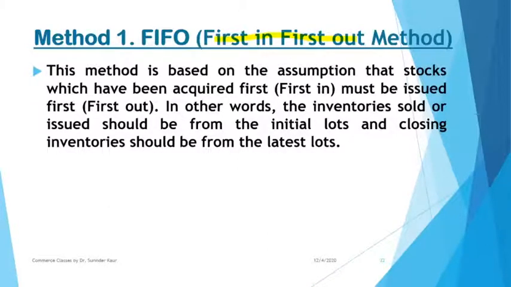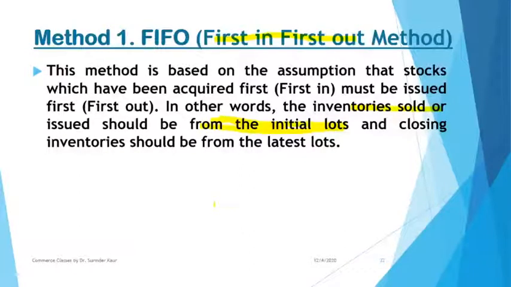So which implies that inventories sold will be from the initial lots, because you are saying the stock which is purchased first should be sold first. So if you have purchased first lot of 9 rupees, then this lot must be assumed to be sold first. And your closing inventories will obviously be from the latest lots, right?